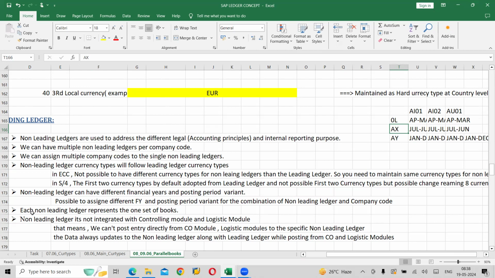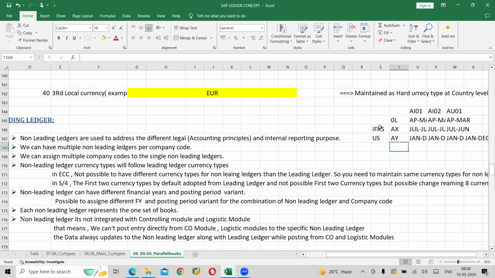And next one, as we already discussed, each non-leading ledger represents one set of books. For example, AX is IFRS, and AY is US GAAP.